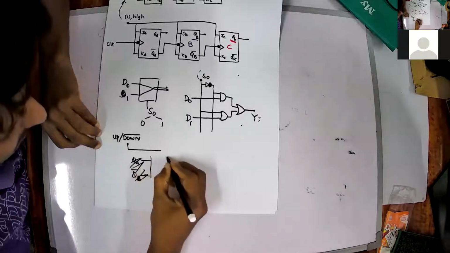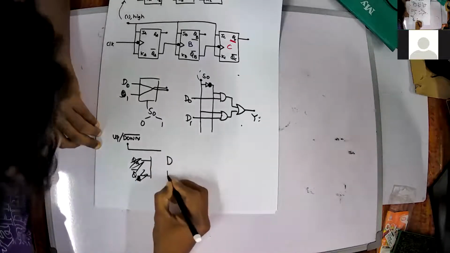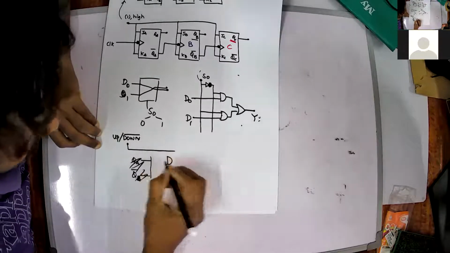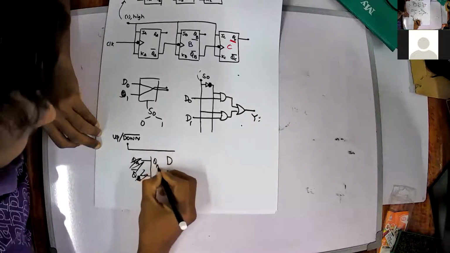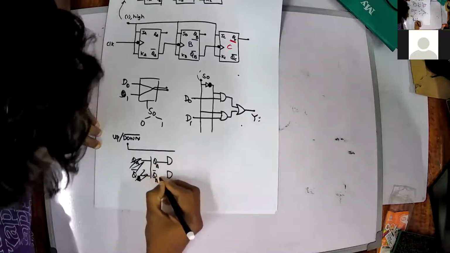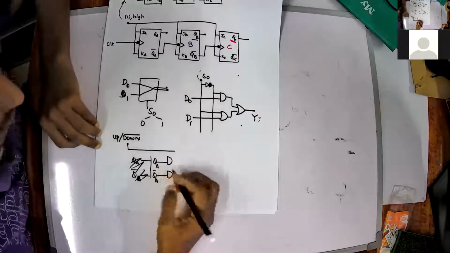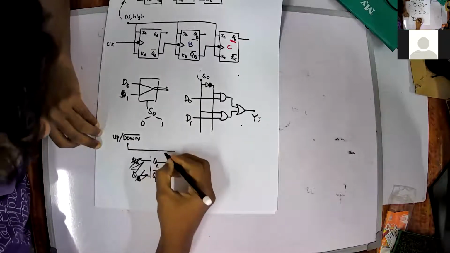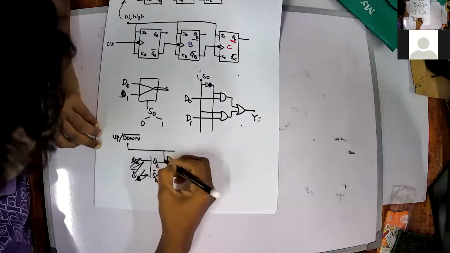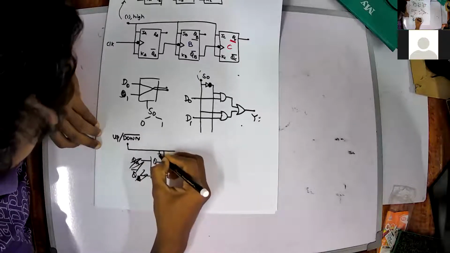If I draw the circuit diagram, I can put two AND gates. QA is directly connected from the flip-flop, and QA bar as well. Since it is up, it can be directly connected, and down means I have to invert it.